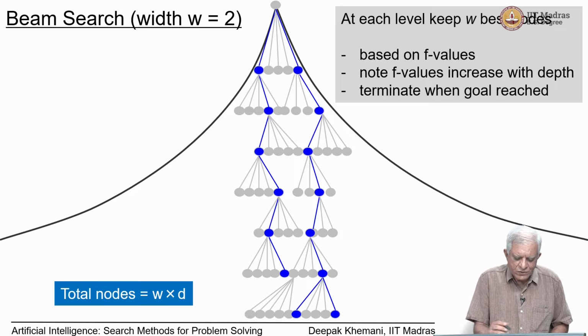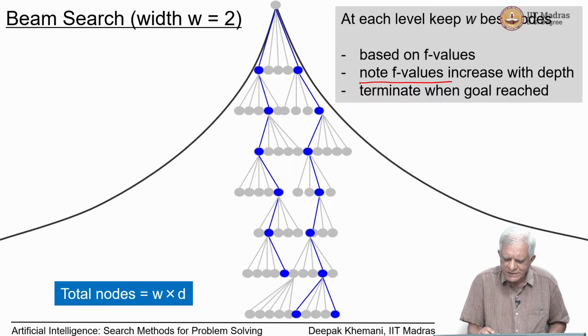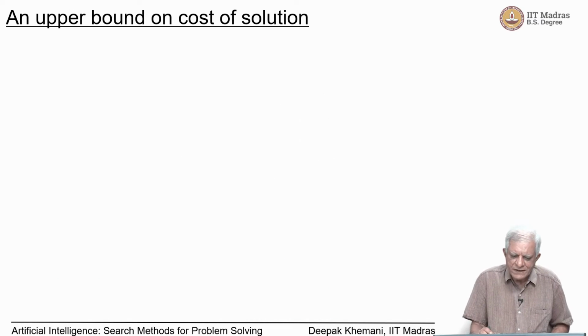The total nodes that you are going to be keeping is W at every level, and because the depth is D, so W times D. But we are going to be searching on F values, and we have already observed that F values tend to increase with depth. So, our termination criteria is again that the goal has been reached.